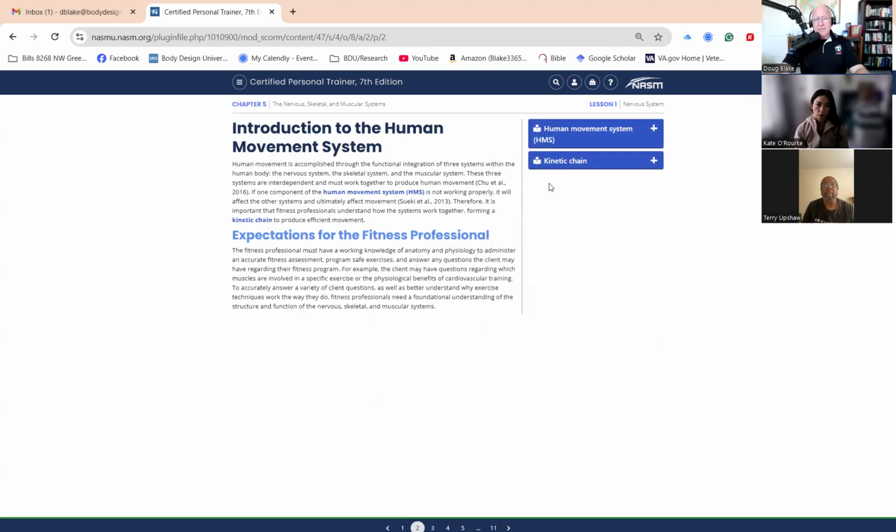And so, as I was saying, each of the chapters, right throughout the entire textbook, they give you terminology. It's a good idea to go through it, at least look at it. What is the human movement system, right? The HMS, collective component structures that work together to move the body. So it's those three basic systems. As personal fitness trainers, knowing about the muscular system is important, right?